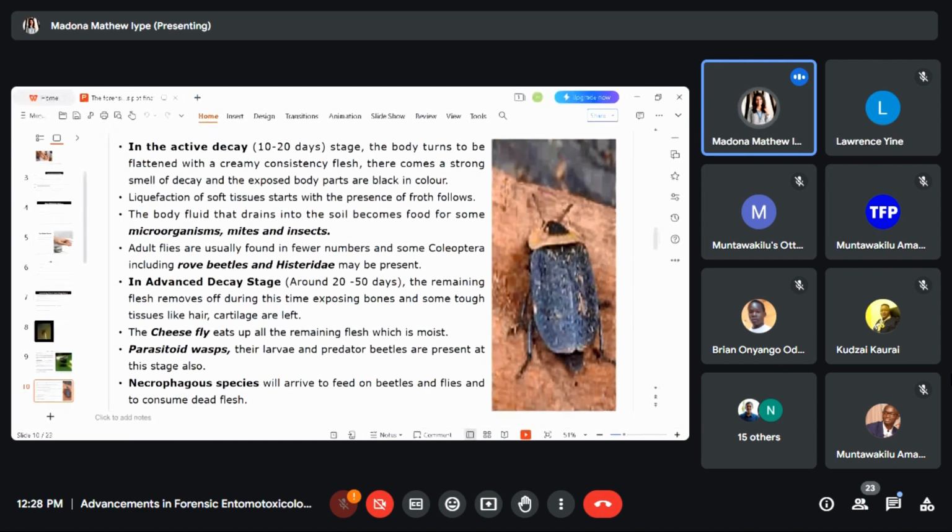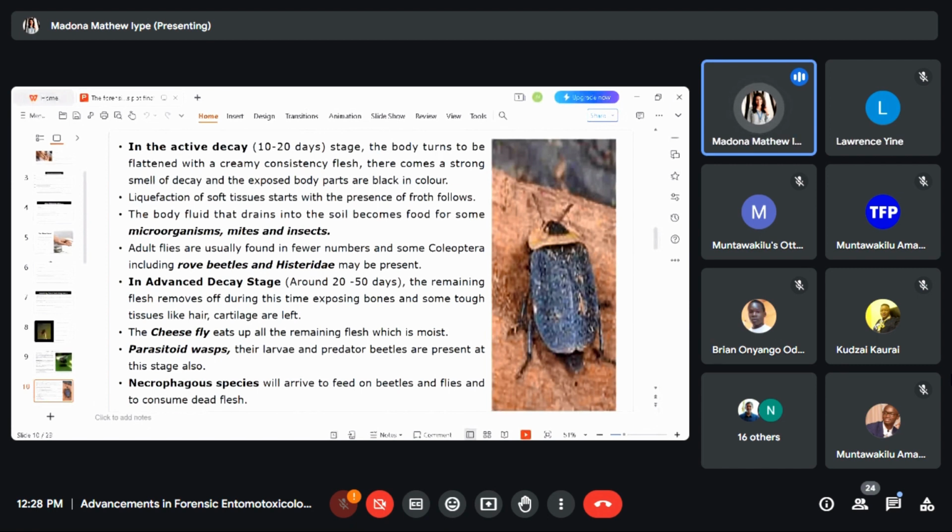They try to eat the maggots or the larvae, or the dead maggots and dead larvae of other insects available, and along with them the predator beetles are available, infesting the corpse in this stage of decomposition, along with the necrophagous species which arrive to feed on beetles and flies and to consume dead flesh.